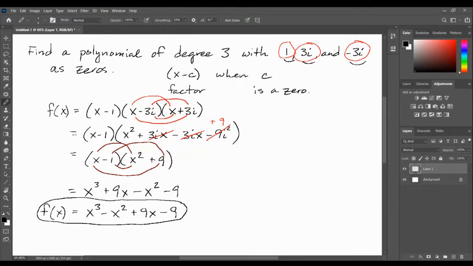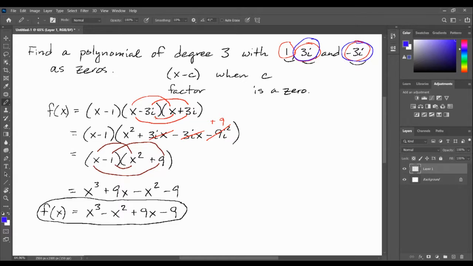All right. Are there any questions on how to find a polynomial given particular zeros? Okay. One thing I do want to point out is that we got this 3i and negative 3i here.